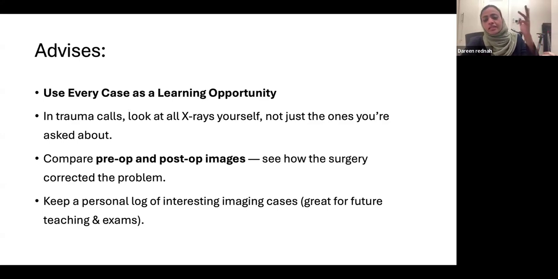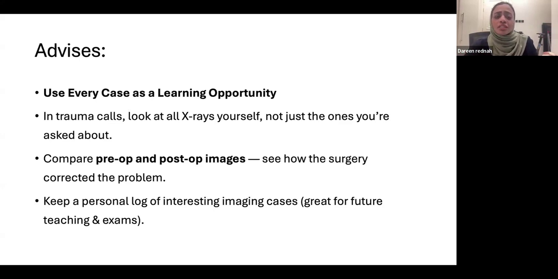For example, Chance fracture: order the standing X-ray, and based on that you can see the bone fleck, which indicates a Chance fracture, which indicates instability, which indicates surgery. Some small finding in the images can indicate the decision for surgical intervention for the patient. So review all the images, not only the tibia if you suspect a tibia fracture. Review the pelvis, the spine, the chest.